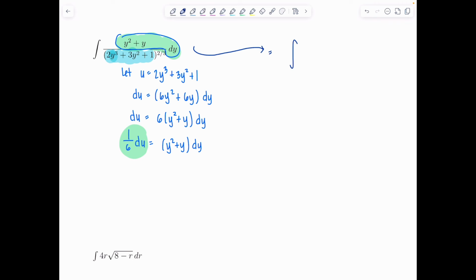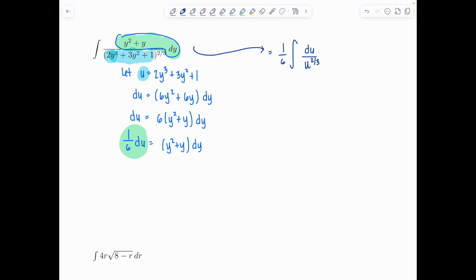The 1/6, I'm going to put it outside. Du is going to go up top, over, and then all of this stuff is just u to the 2/3. Look, this looks so nice and simple compared to what we started with. What a hot mess that was.